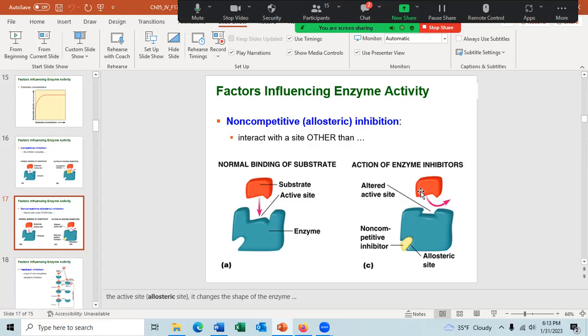And that's the way a non-competitive inhibitor works. It works by changing the folding pattern of the enzyme, and then the enzyme can no longer bind to the substrate. Any questions about any of that?